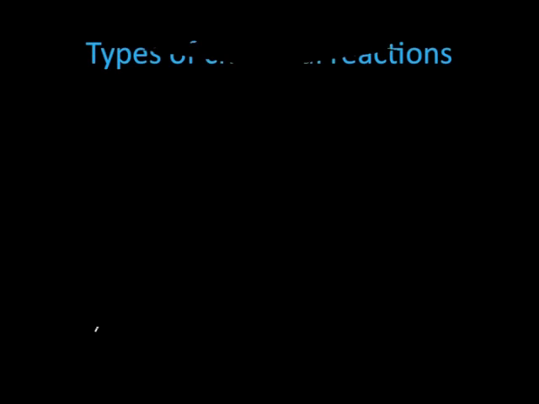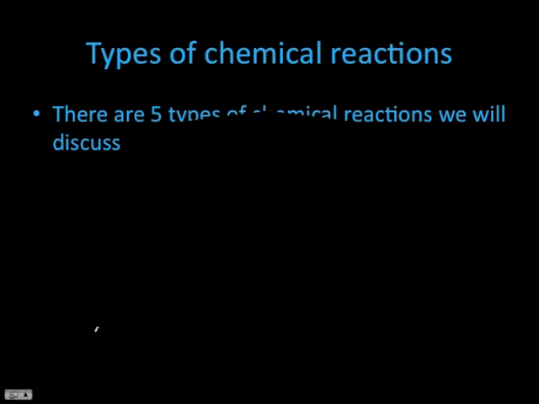Now, the types of chemical reactions we're going to discuss today include a synthesis reaction, which is when you basically have 2 smaller pieces and they react with one another to form a larger molecule. So 2 small molecules react to form a large molecule.